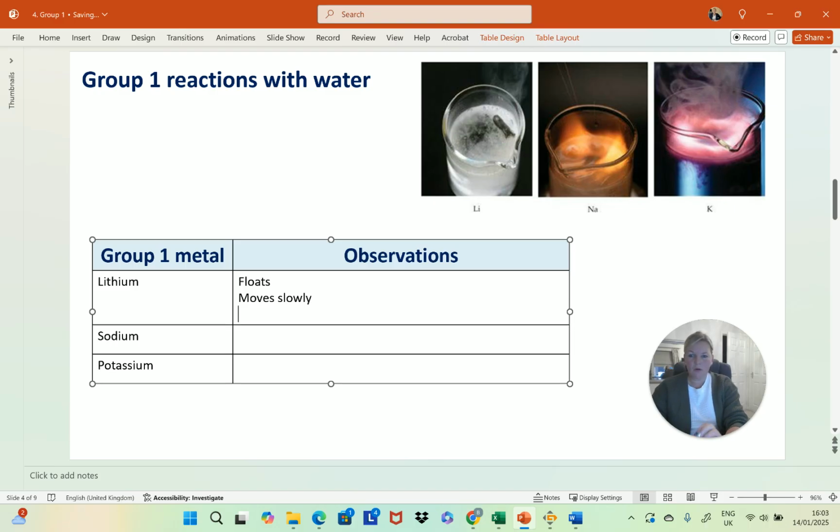It moves slowly around the surface. And it was fizzing because it was producing hydrogen gas. So we can have bubbling or fizzing slowly. And then I'll set you up for a typical question, so I'll explain a question as well as filling in those observations. So for potassium you might see something about bubbles very quickly.